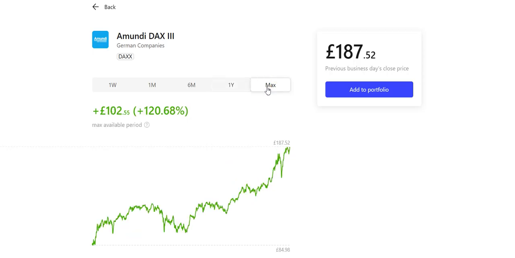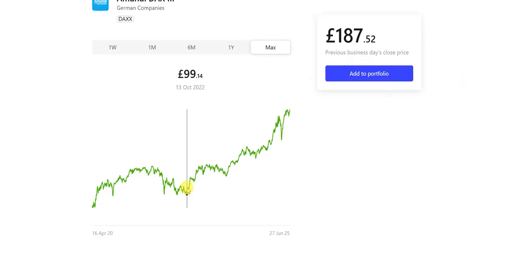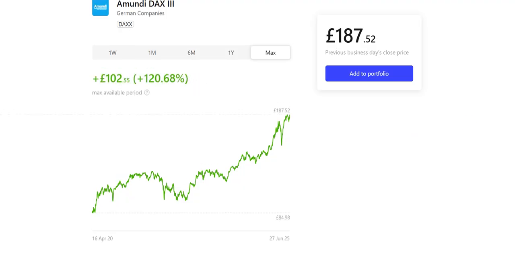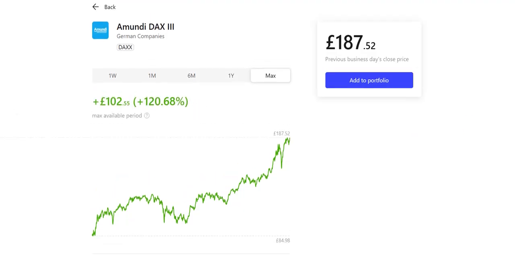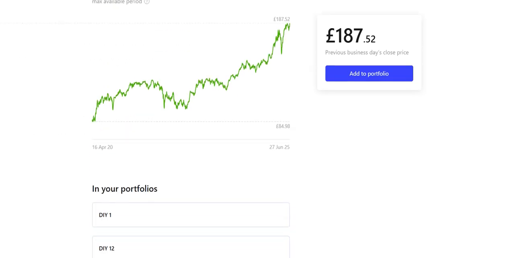But again, when you look over the longer term, which is what you need to look at, not the short term, it's actually still quite good. So what's that, five years? 120% over 5 years? It's pretty good.